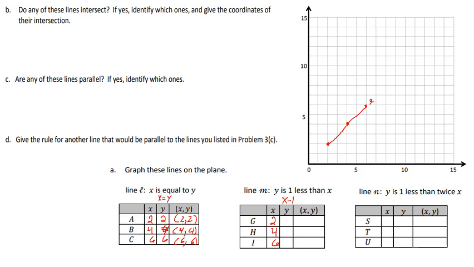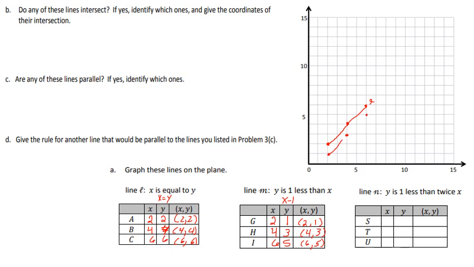Now 2 minus 1 gives me 1. 4 minus 1 gives me 3. 6 minus 1 gives me 5. So I end up with 2, 1, 4, 3, and 6, 5. So let's go ahead and plot those. So we have 2, 1, 4, 3, and 6, 5.